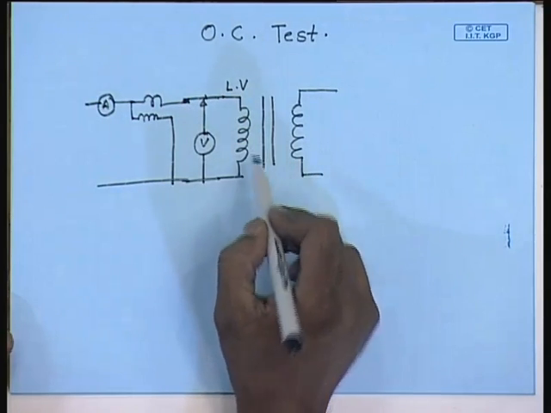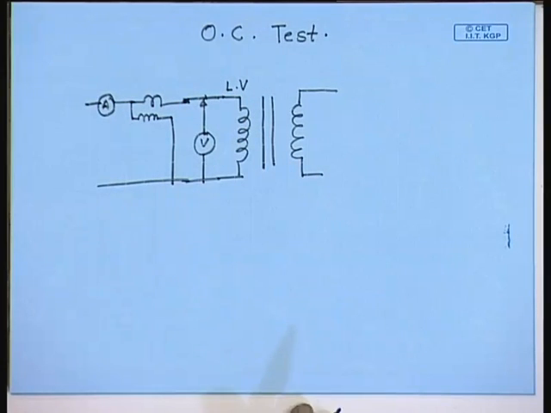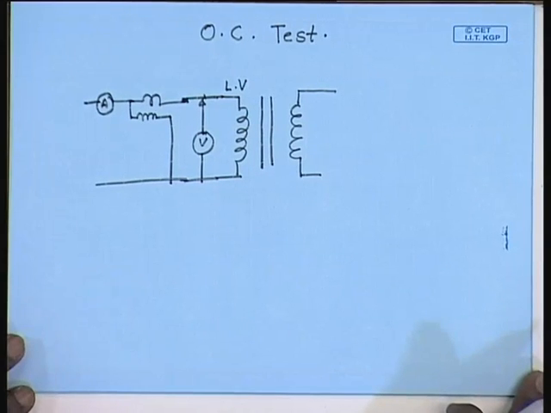Now, open circuit tests are done at rated voltage.